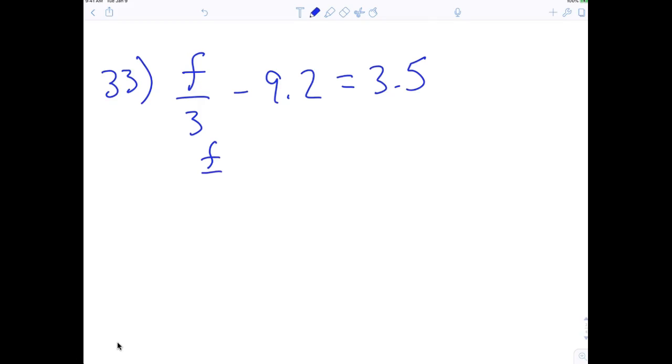F over 3 equals 12.7. Now, what do I do to both sides? Times it by 3. Yes, multiply by 3. So now, let me see you do this mental math, Yosef. What's 12 times 3?